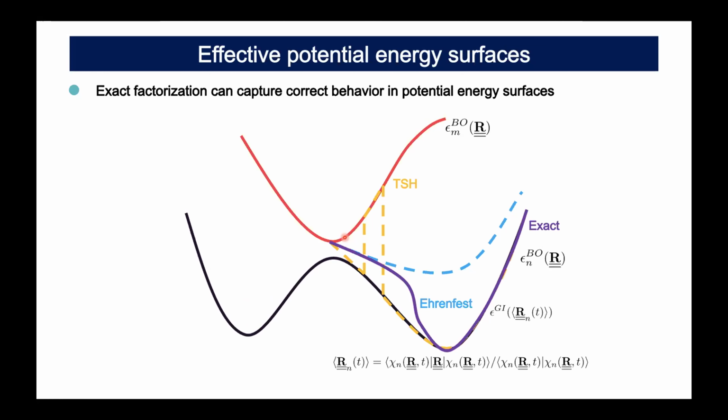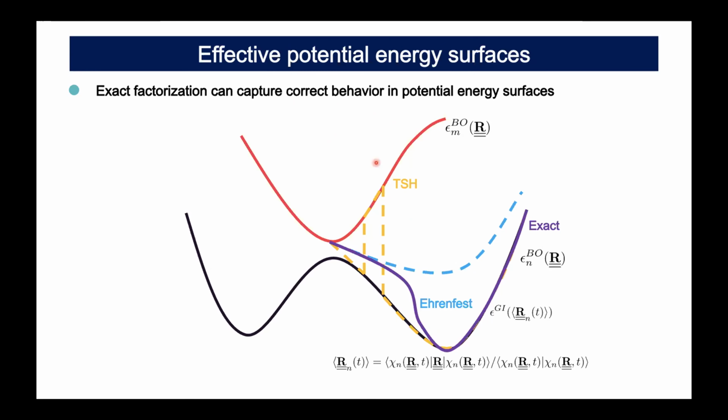And as I said before, the exact factorization framework is based on one single potential energy surface, which depends on time. If you look at this potential energy surface, I'm interested in mixed quantum-classical analysis. The most famous ones are trajectory surface hopping and Ehrenfest dynamics, right?